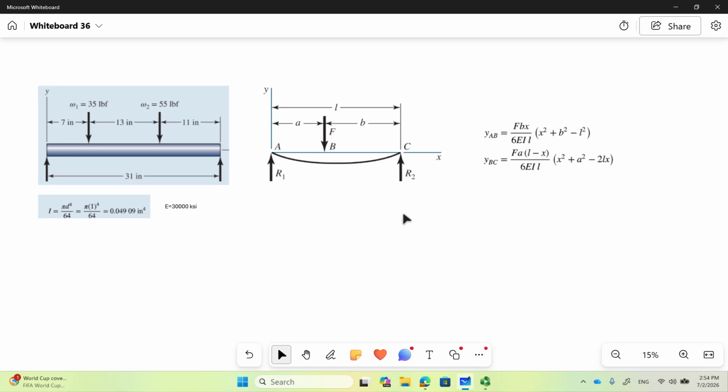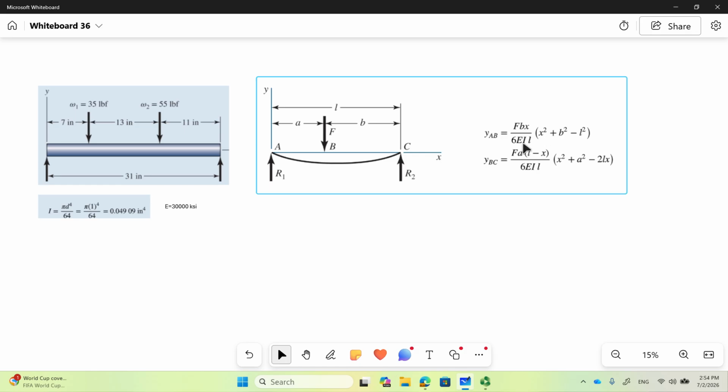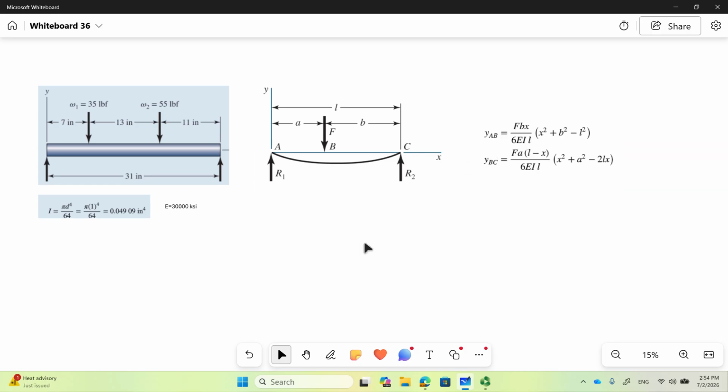Alright, so to do this, you see I have 6 times EIL repeated here, so let's calculate that guy. We're going to use it. See, my tablet sometimes is not functioning right.